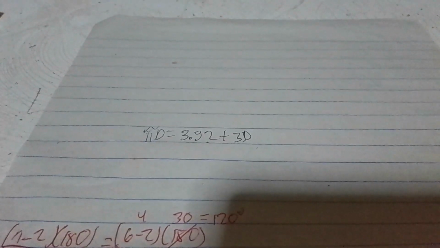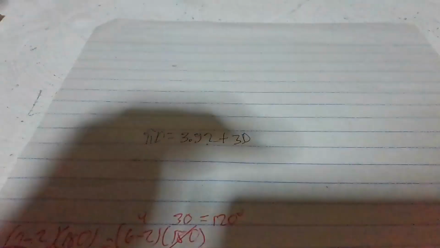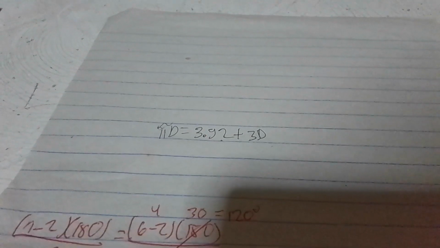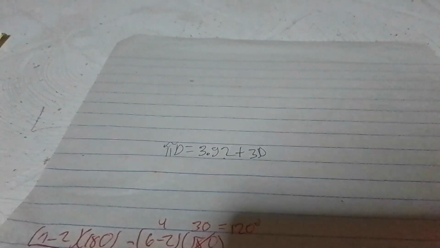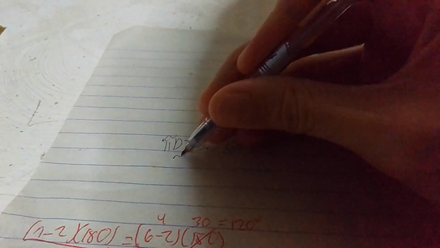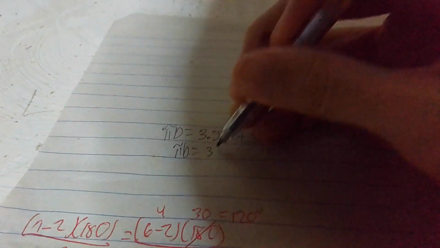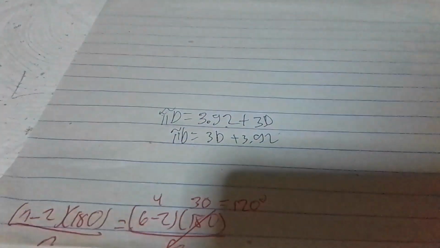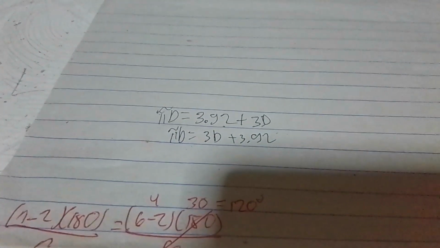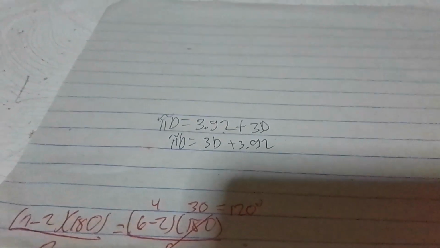So first, we need to isolate the two sides. Remember that we have pi times diameter to give it the circumference of a circle, which is 3.92 plus 3d. So ganito siya. Pi times d is equivalent to 3d plus 3.92. Actually, what you can do here is that you can already move the 3d into one side of the equation.